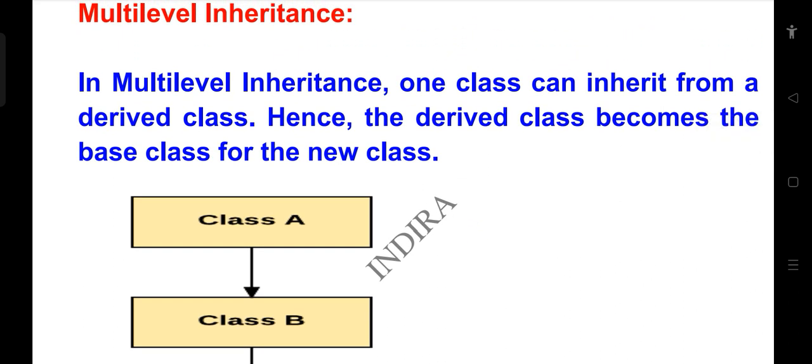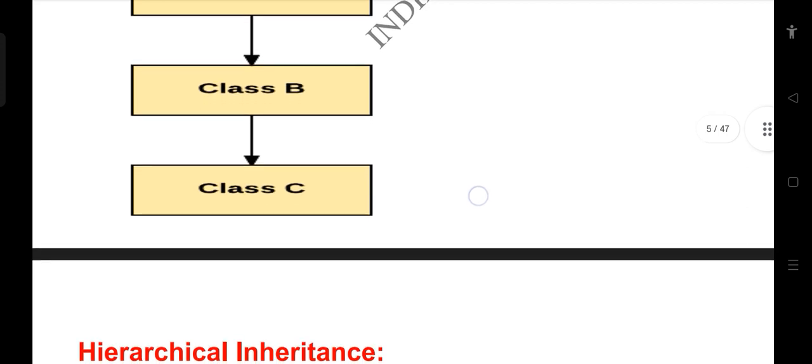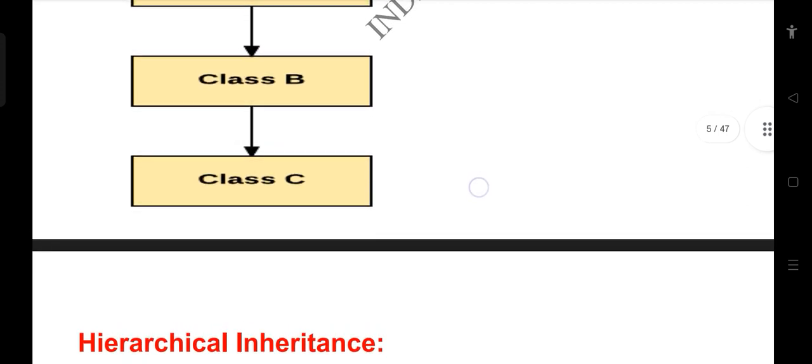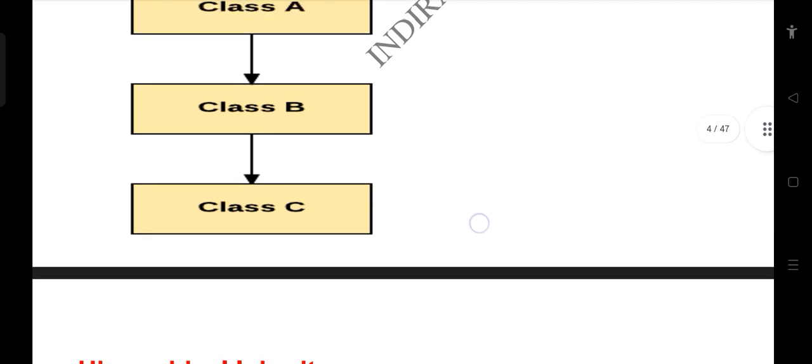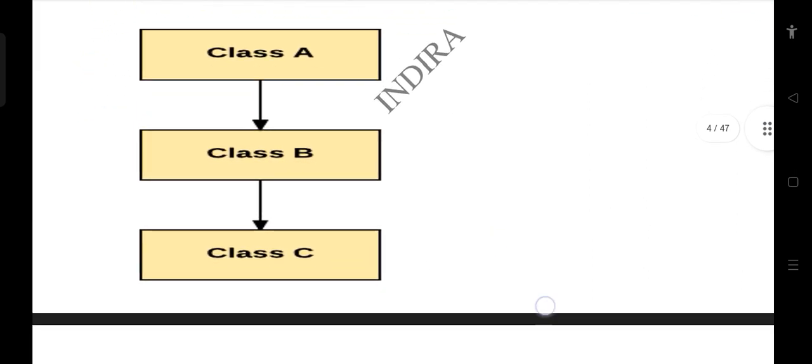Class A is the superclass for class B, and class B is the subclass of class A. When class B also generates another subclass, class B becomes the superclass and class C becomes its subclass. Once a subclass generates another subclass, that subclass becomes the superclass of the new class. This is the meaning of multilevel inheritance.